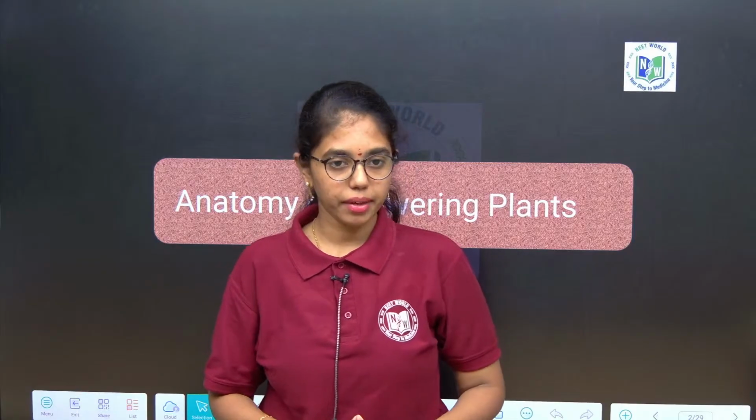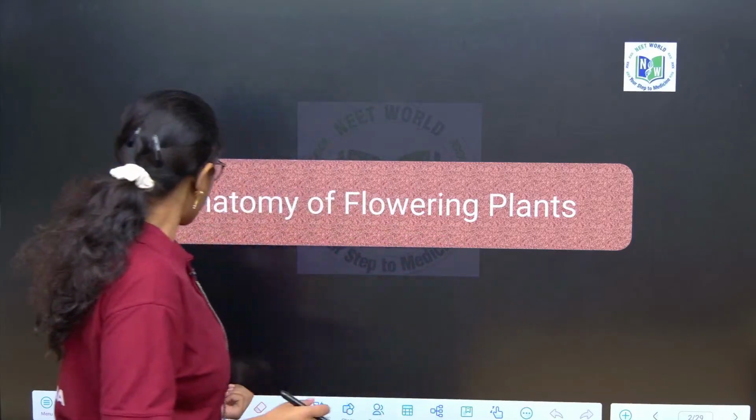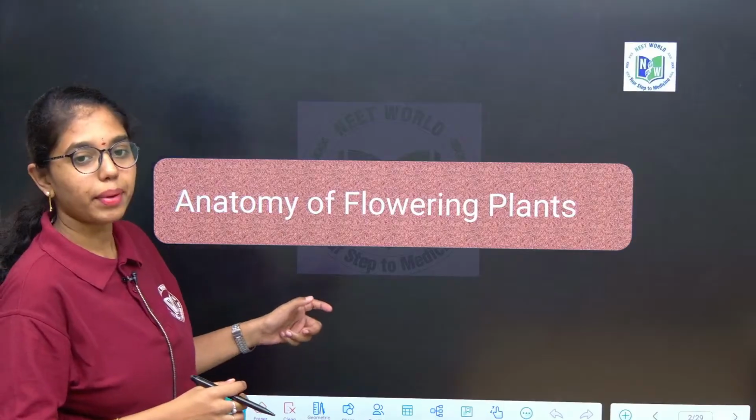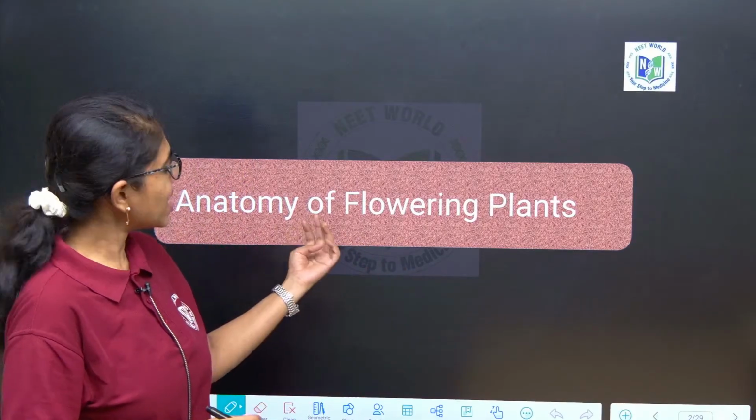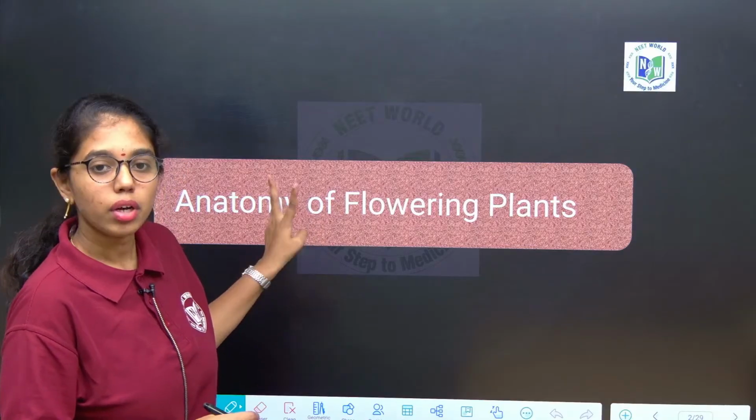Today we are going to deal with the chapter anatomy of flowering plants. Most of the students will feel this chapter is lengthy, but to learn this chapter in a smart way, just fragment it into 3 fragments.